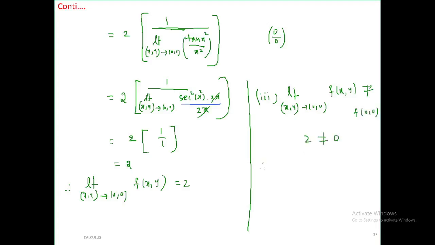So f is not continuous at (0, 0). Because some of the students are asking, sir, how to proceed with this, this is a way of doing it. Or you can take y equals mx also.